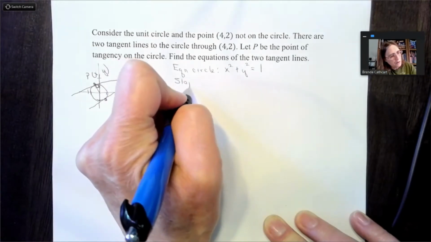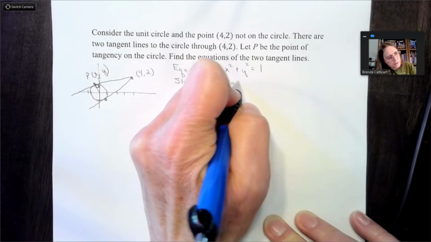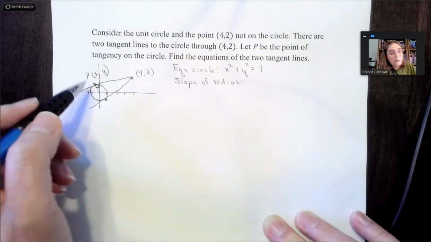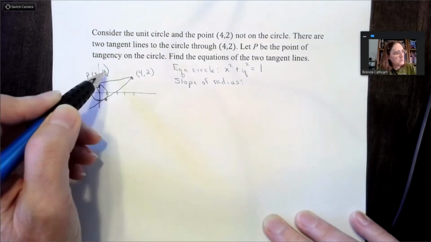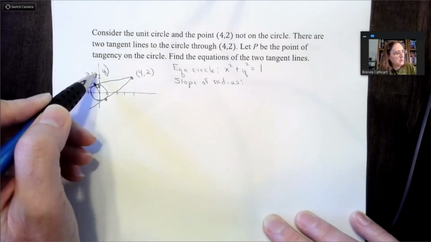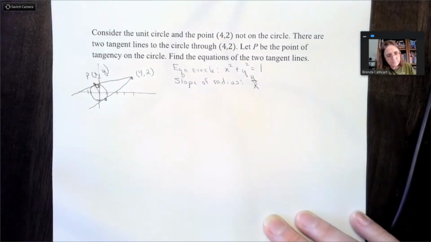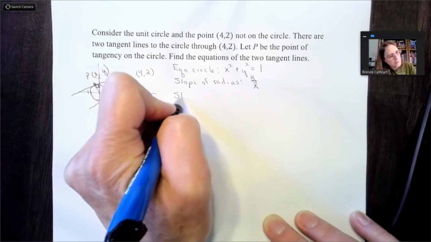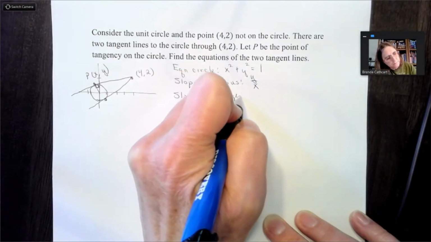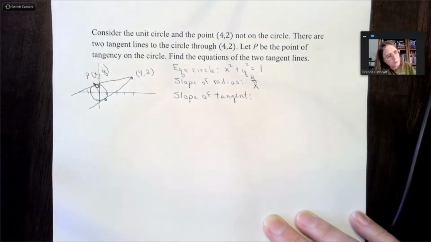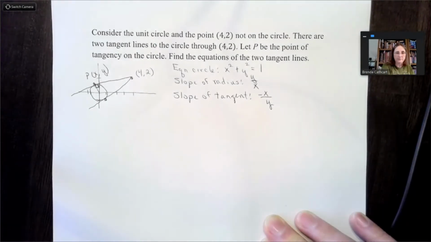So we know the slope of the radius to the point of tangency. Subtracting our coordinates, remember our origin is (0, 0), so we have y minus 0 over x minus 0, or y over x. That means, of course, that the slope of the tangent line is the opposite reciprocal of that, so that's going to be negative x over y.